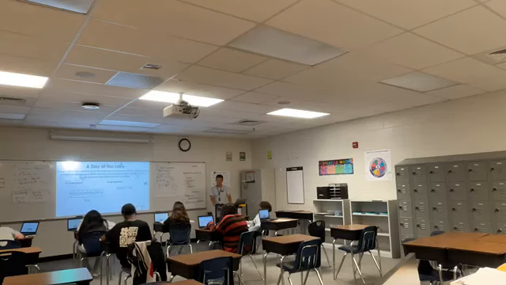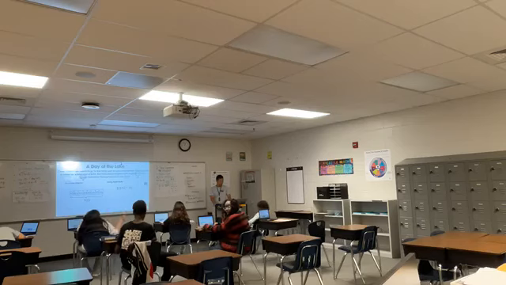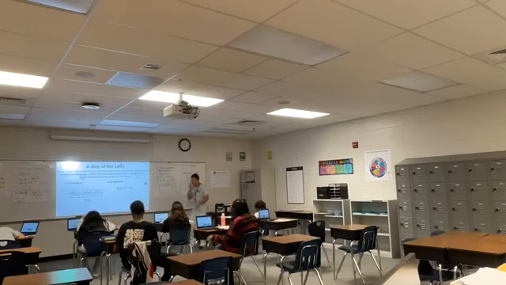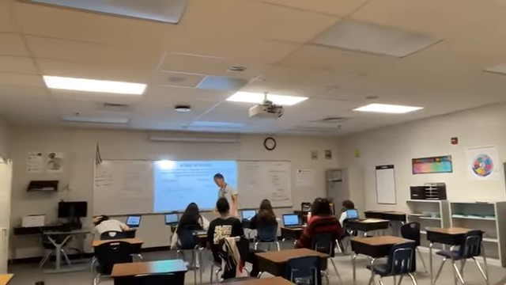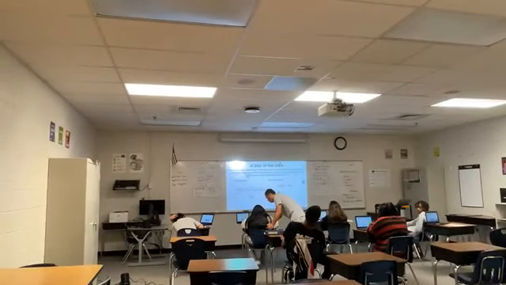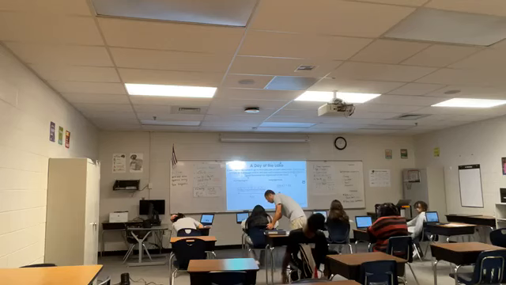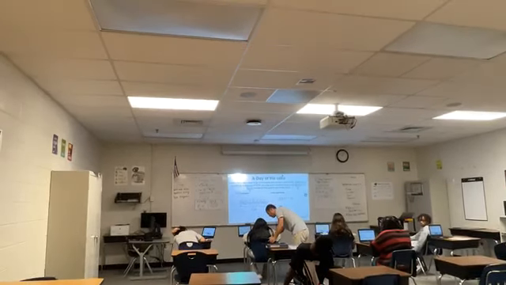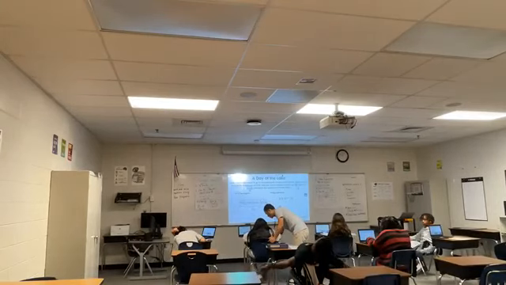We good? Let me know when you got it. No, so look, what you're doing is you're multiplying the 8 times x, right? Now you got to multiply 8 times the negative 3. See, these are 2 different parts. That's one part.